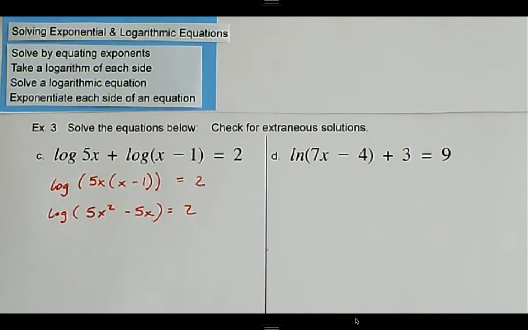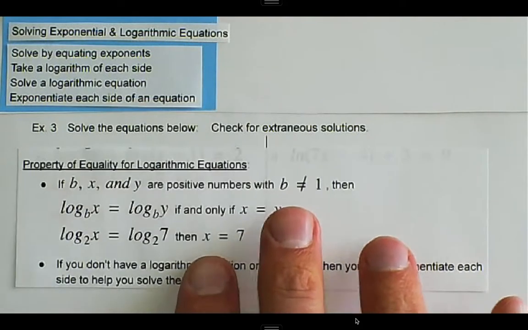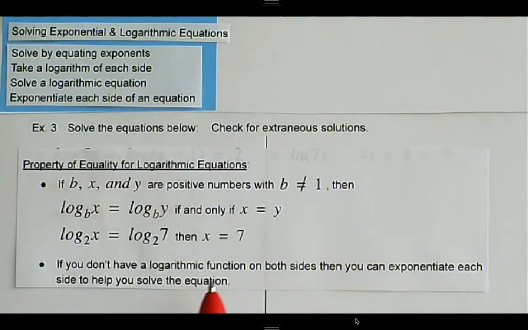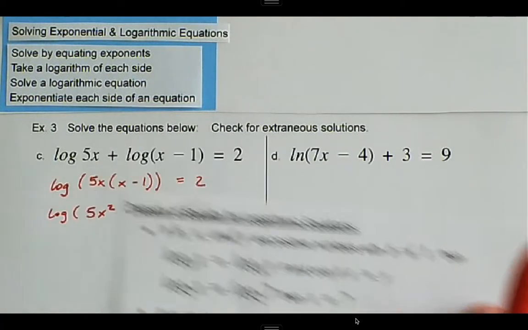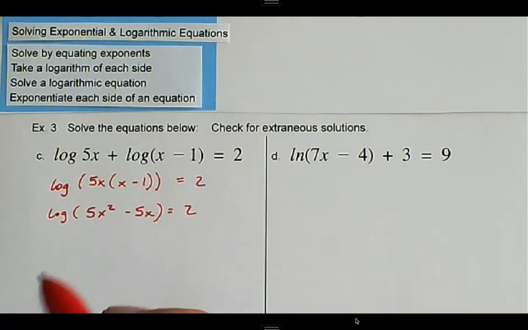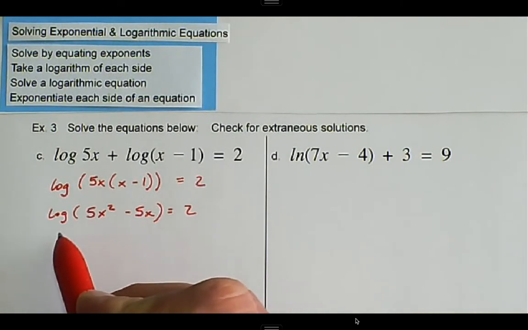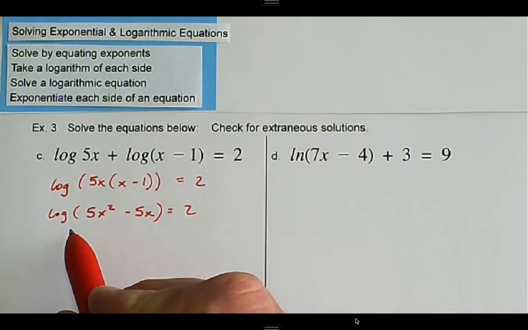At this point, we have the log just on one side, and if you have the log just on one side, then we can exponentiate each side to help solve the equation. Again, we want to pick a value that's going to help us out.